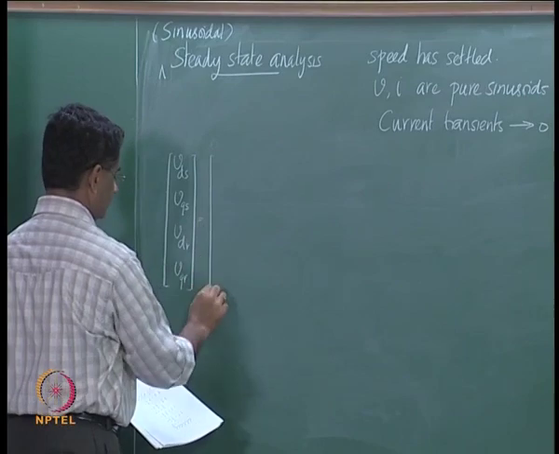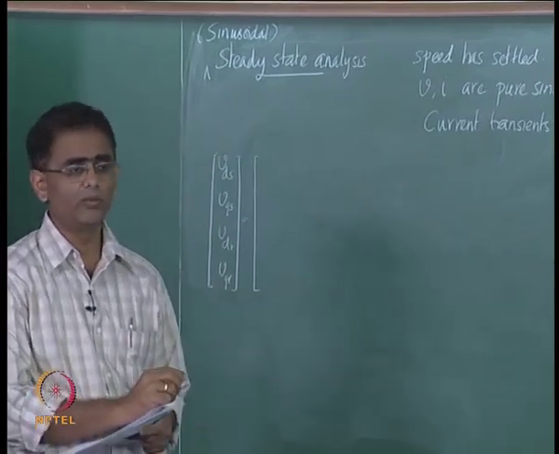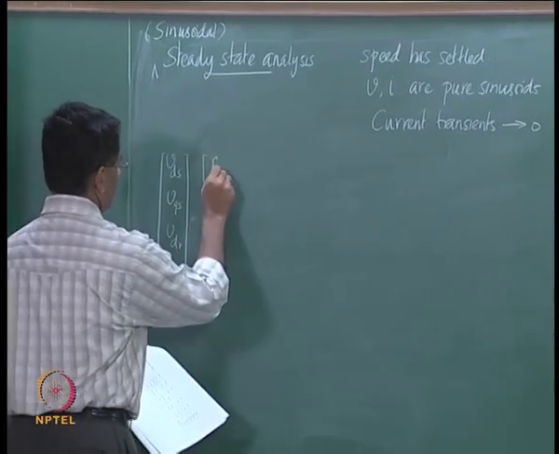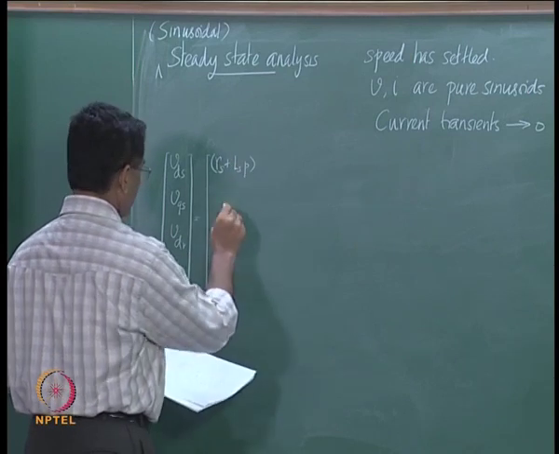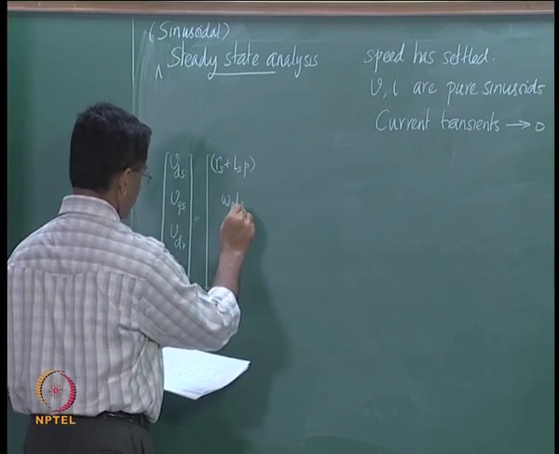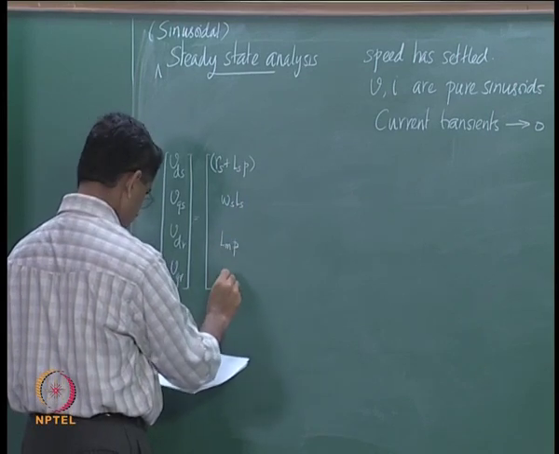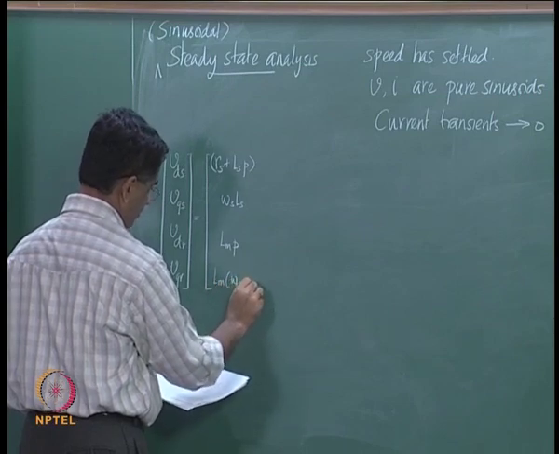Most cases of machine analysis, 0 sequence may indeed be neglected since it is balanced. Here you have Rs plus Ls into P, omega s into Ls, and you have Lm into P, Lm into omega s minus omega r.